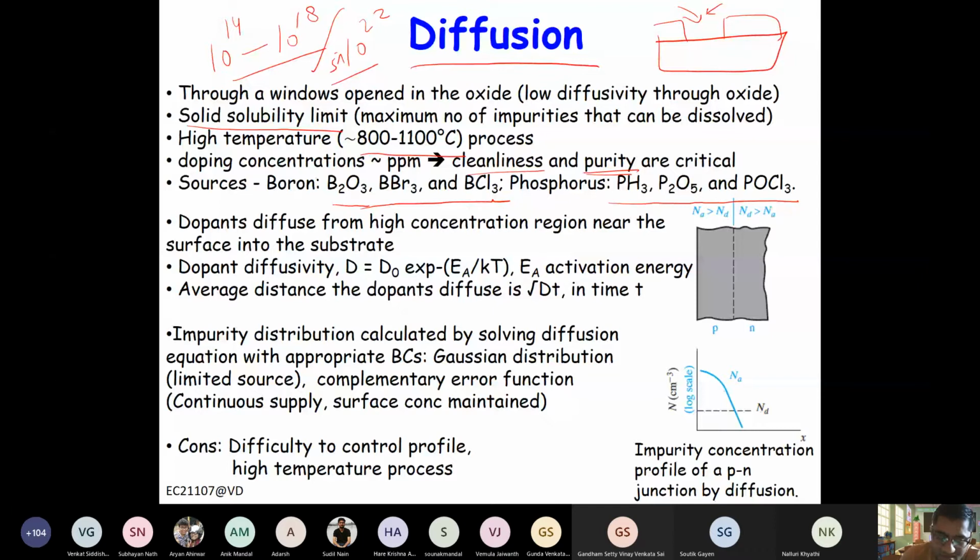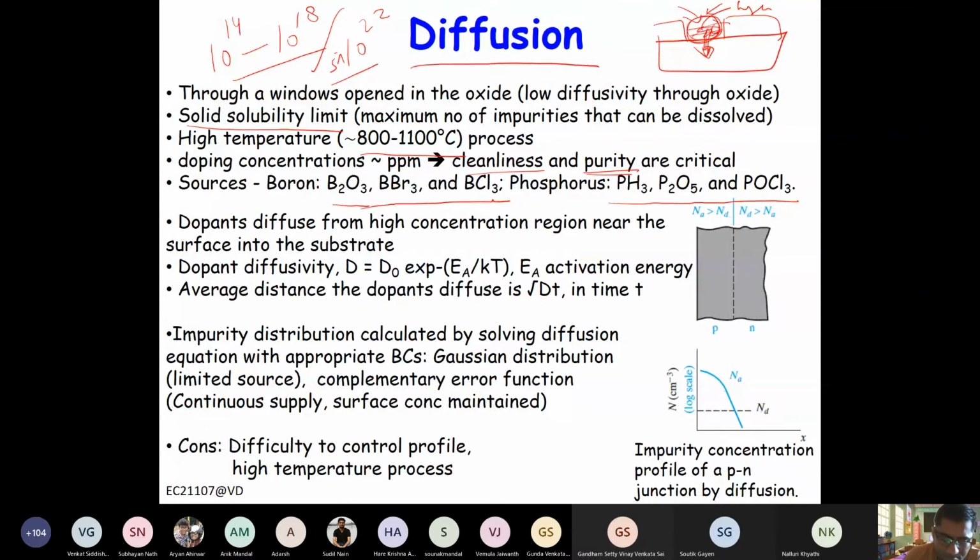Of course, these dopants will diffuse from high concentration at the surface to inside, so a high concentration has to be maintained. Either you can deposit a layer and grow a layer with some carriers, apply heat treatment, and they will diffuse. Or you can maintain a constant gaseous concentration of these dopants, and they will diffuse through the surface.